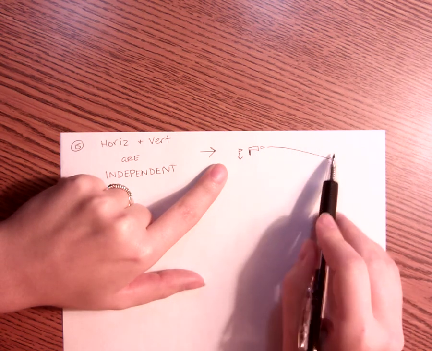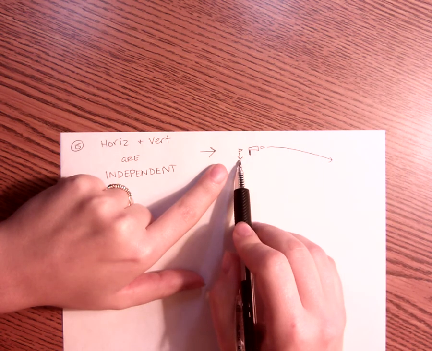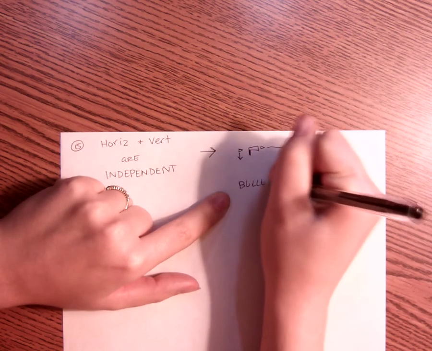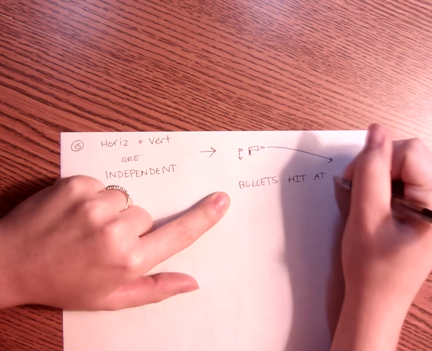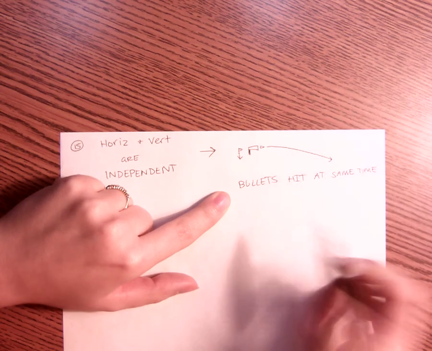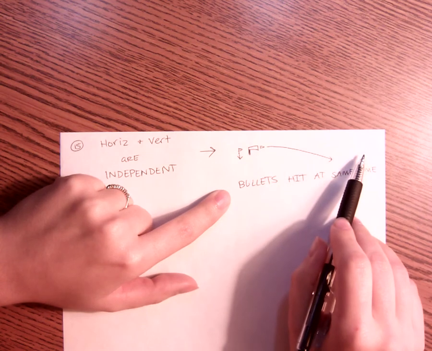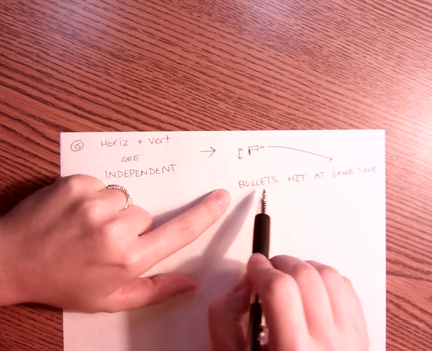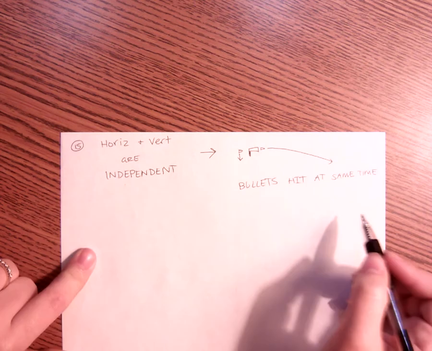It's still got a horizontal velocity, but it's going to fall, right? It's going to fall at the same rate as this first bullet. And we saw that because the bullets hit at the same time. Even though the bullet fired from the gun had a huge horizontal velocity. Its horizontal velocity didn't affect how it fell. All right, so that's why horizontal and vertical components are independent.